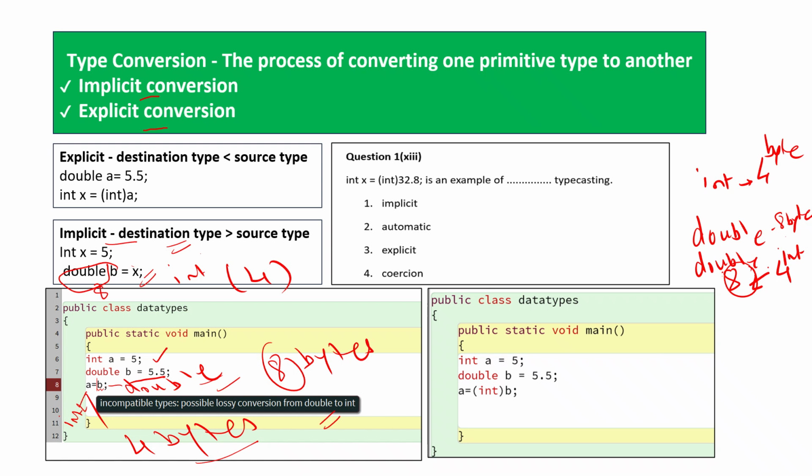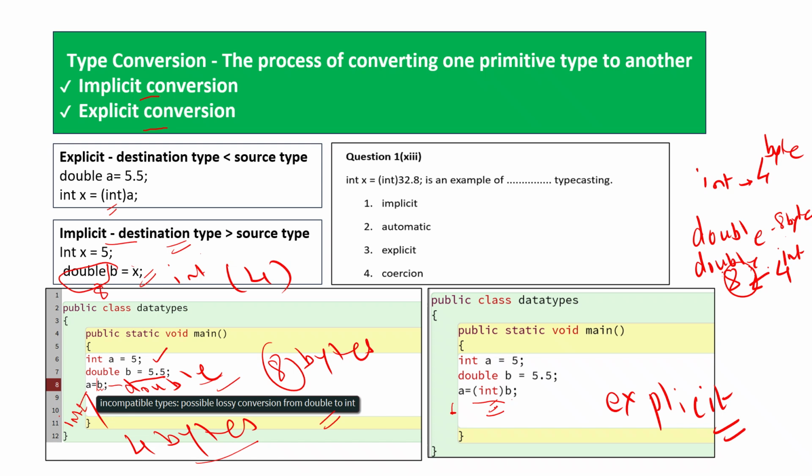Then I have to convert this double into an integer and then assign, and the error will be removed. This type of conversion is known as explicit conversion.